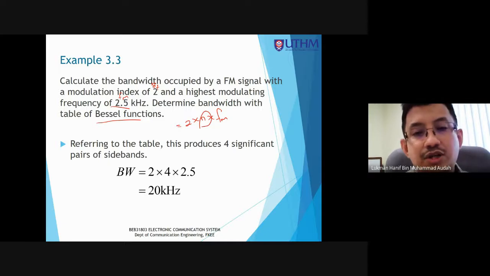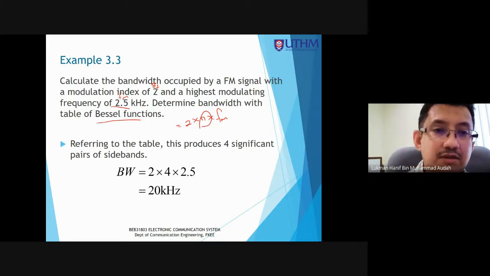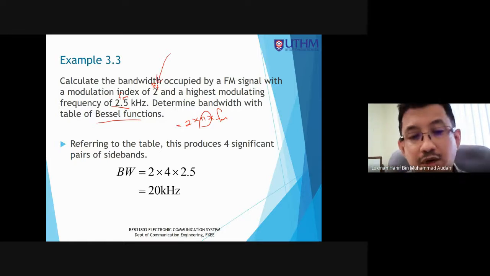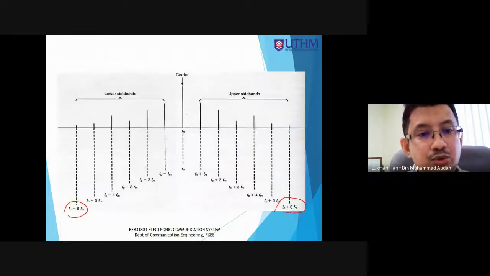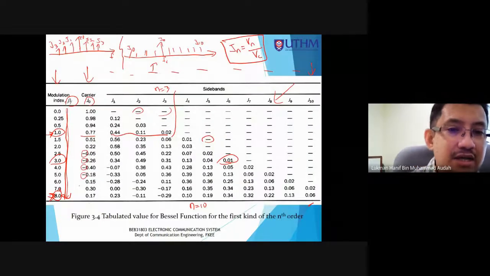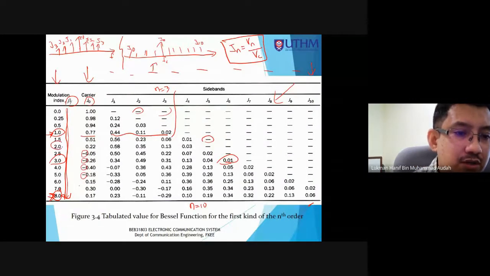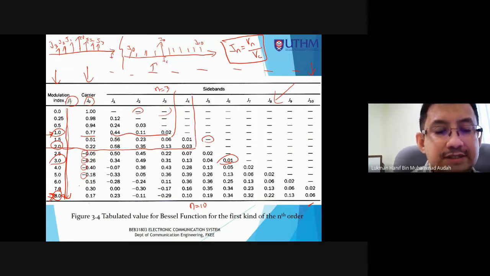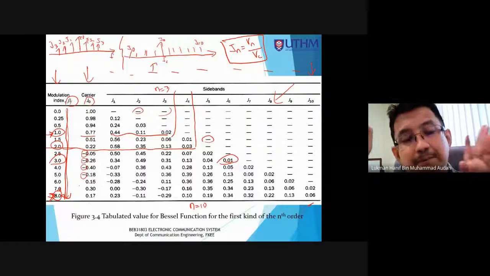So n you need to see from the table because the table we are given a beta f equal to 2. Okay, kalau kita lihat table untuk beta f bersamaan dengan 2, this one beta f equal to 2, so we're gonna get up to 4 pairs of sideband, 4 pasang sideband.